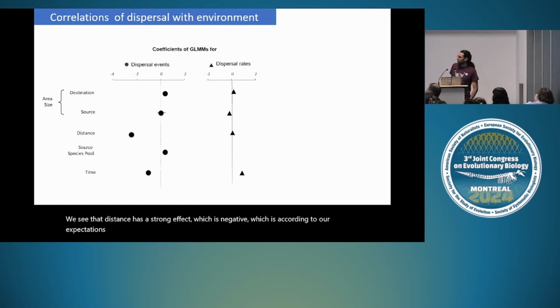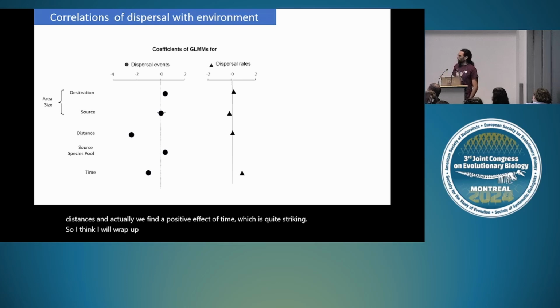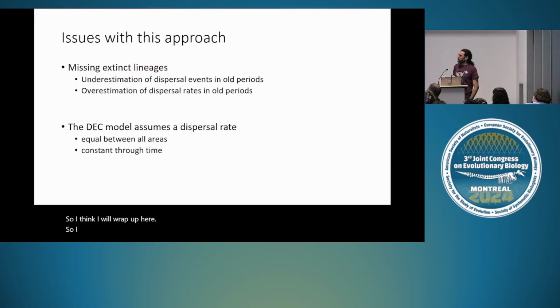But then if we look at the dispersal rates, we don't find such a strong effect of distances. And actually we find a positive effect of time, which is quite striking. So I think I will wrap up here.